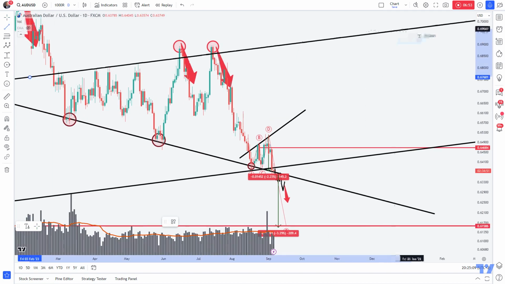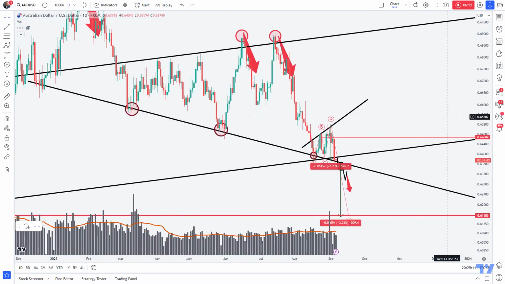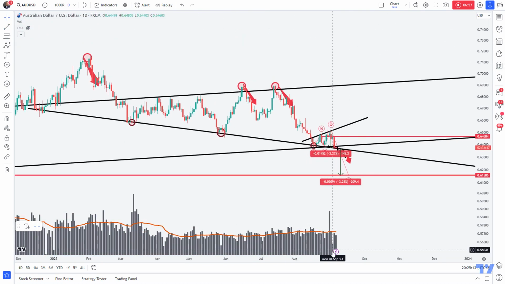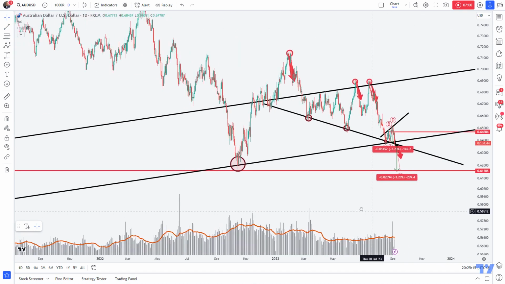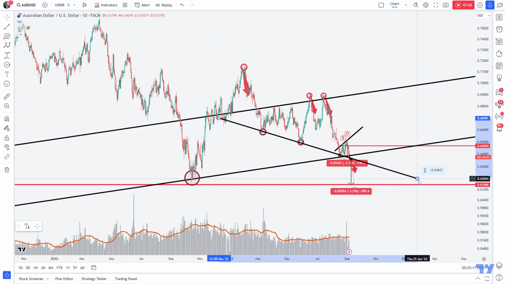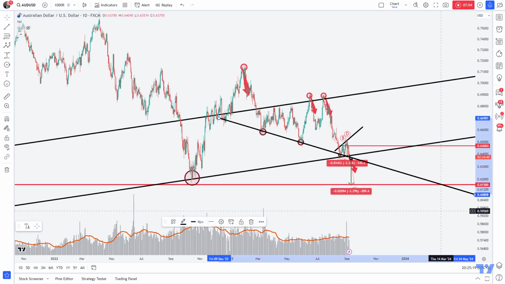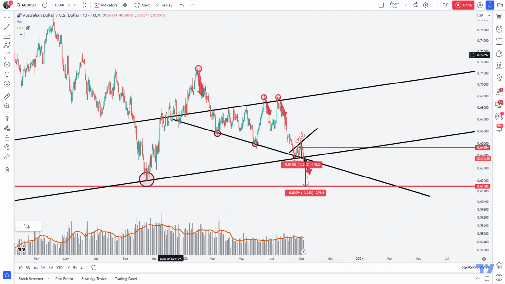Also, when looking at this whole structure, the AUD USD price action is forming a much larger formational structure. This is actually a major, larger, globally expanding broadening wedge formation.